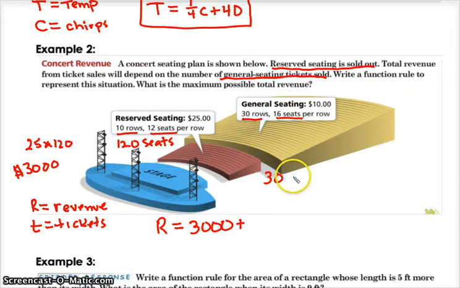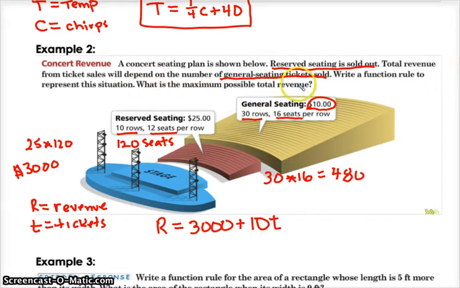So we've got 30 times 16. So there's going to be a total of 480 total seats up there. All right, but since we're talking about revenue, I'm more interested in this $10 per seat.